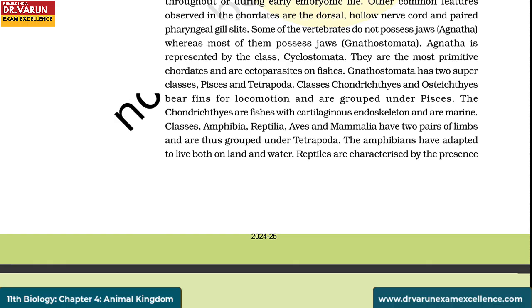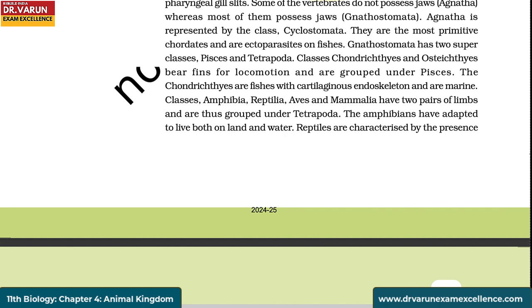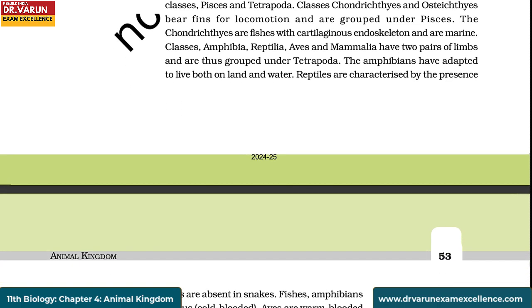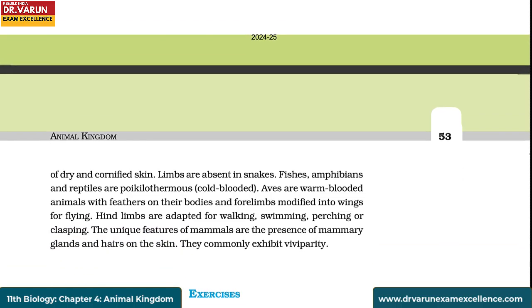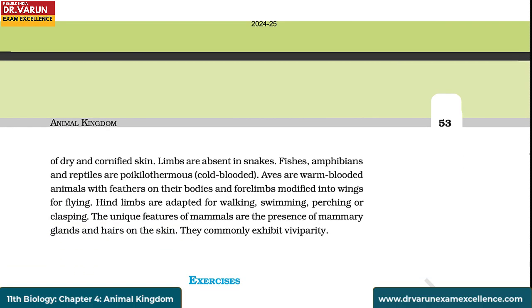The chondrichthyes are fishes with cartilaginous endoskeleton and are marine. Classes Amphibia, Reptilia, Aves, and Mammalia have two pairs of limbs and are thus grouped under Tetrapoda. The amphibians have adapted to live both on land and water. Reptiles are characterized by the presence of dry and cornified skin. Limbs are absent in snakes.